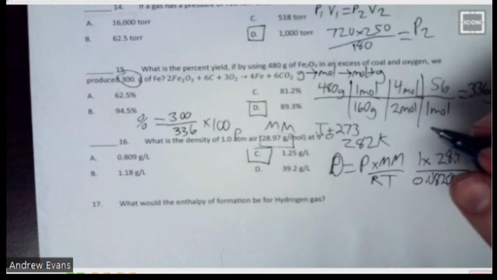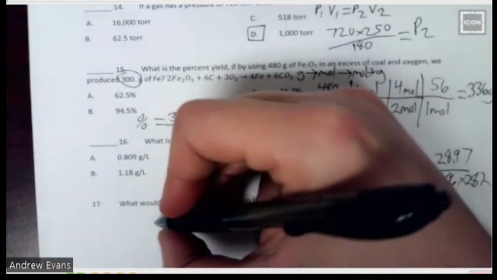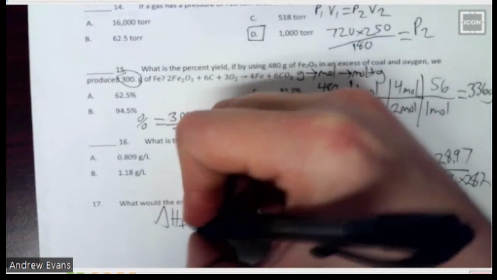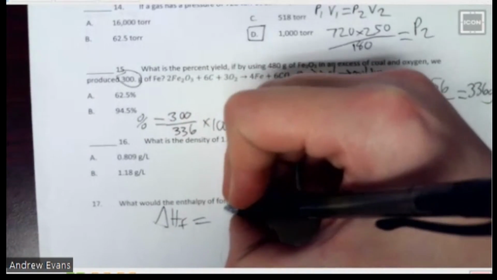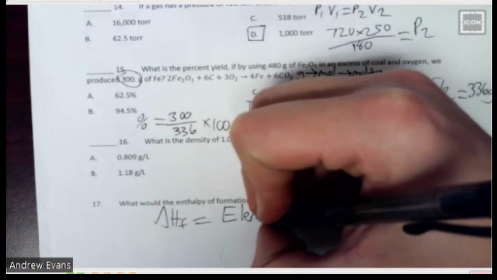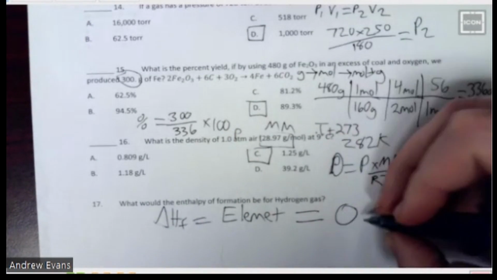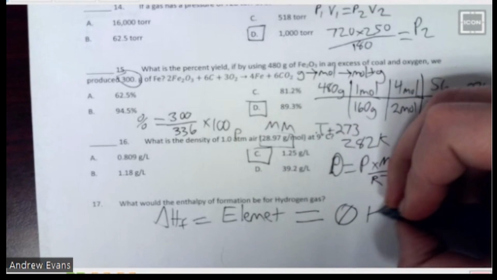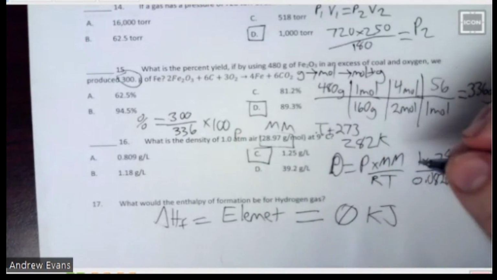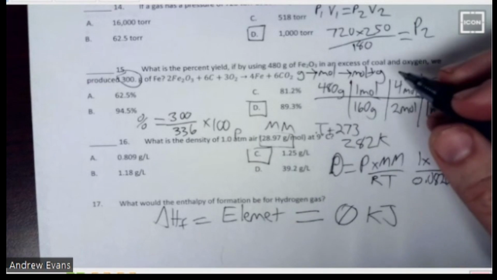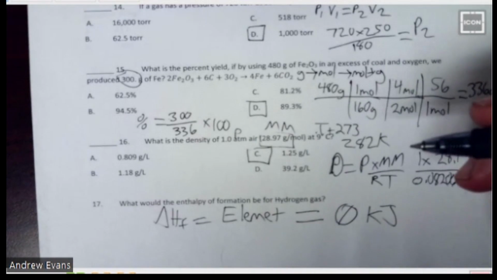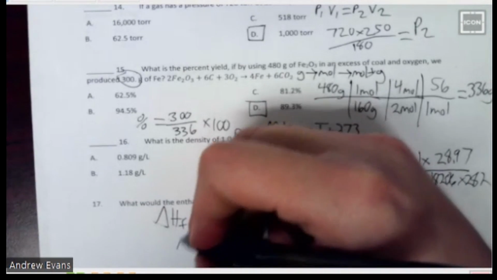Finally, what is the enthalpy of formation of hydrogen gas? Enthalpy of formation for an element, for any element, must equal 0, because to form an element, the enthalpy of formation is from its natural state.